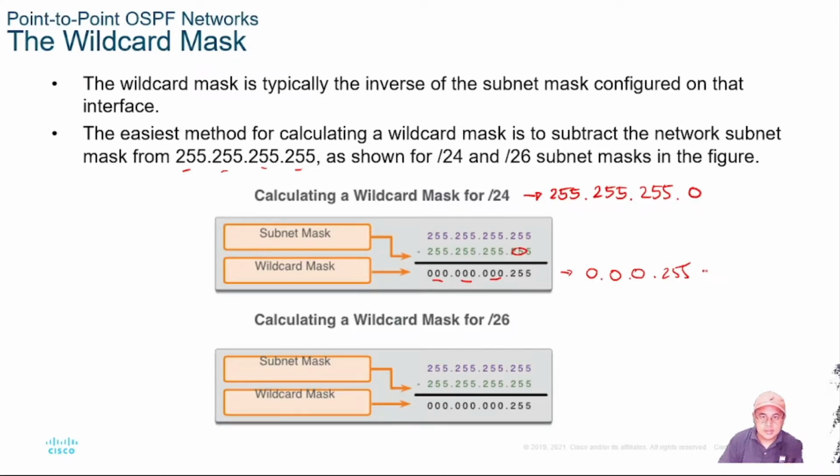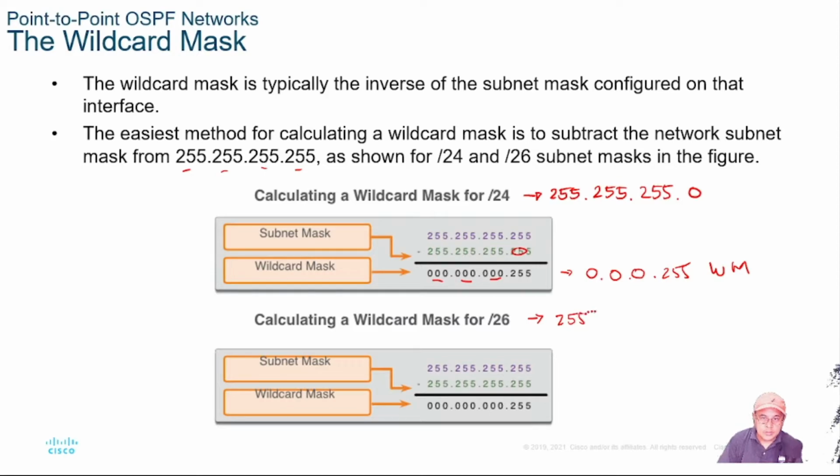This is the new wildcard mask. Okay, now for its /26, if we're going to write this in decimal form, this is how many ones? This is 26 ones. So we'll just count 26 ones.